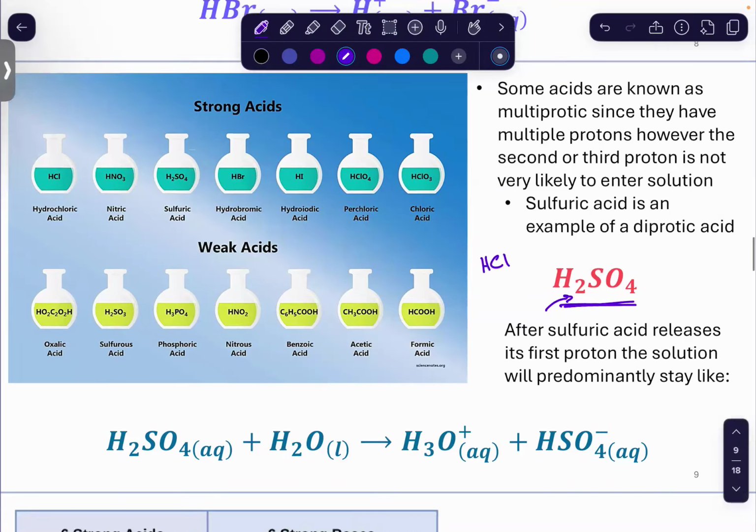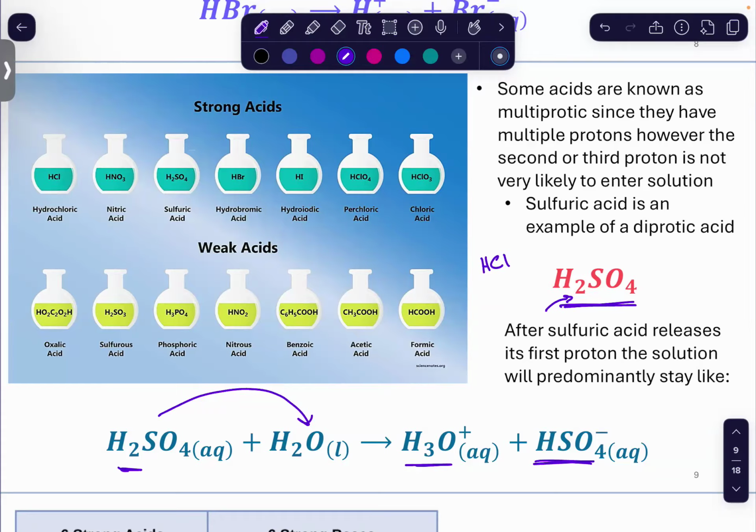Because what's going to happen every time you have a multiprotic acid is you're going to start here, you're going to get a single deprotonation. So a proton is going to go from here to water. You're going to get your hydronium, and then what's left over is going to be the HSO4, the hydrogen sulfate ion. So one of the protons was dissociated, and now I have protons in solution and hydrogen sulfate.